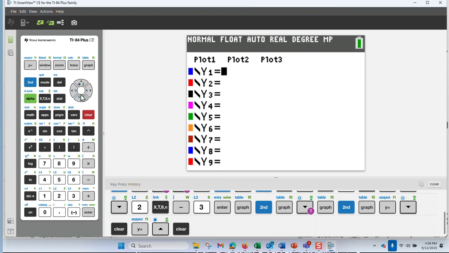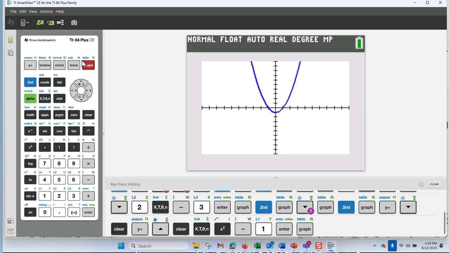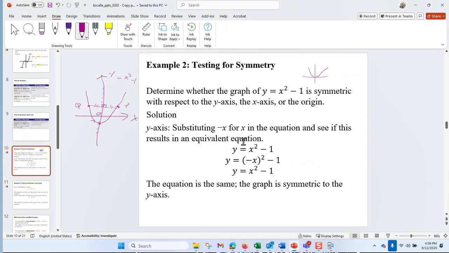This one is x squared minus 1. If I fold this graph along the y-axis, my left-hand side is going to overlap the right-hand side. So this one is considered symmetric with the y-axis.